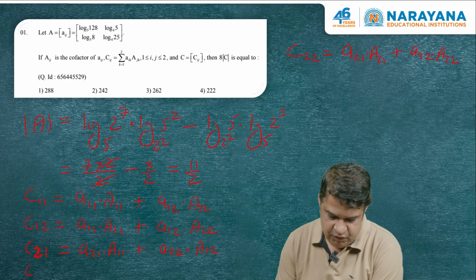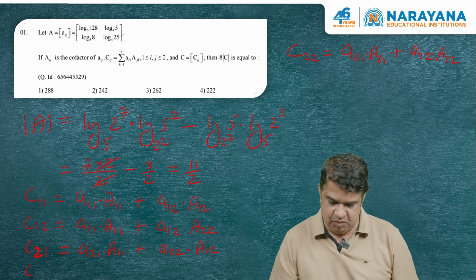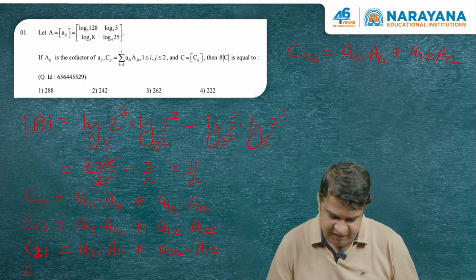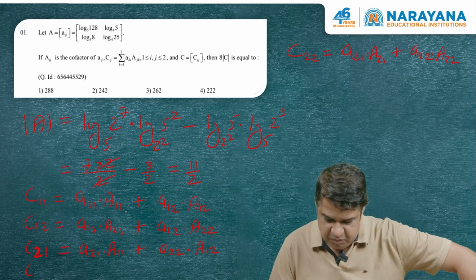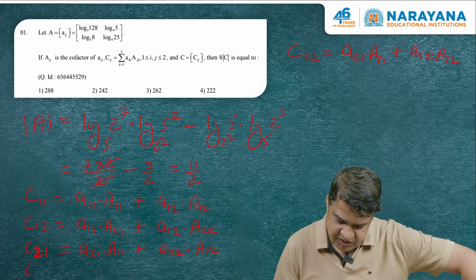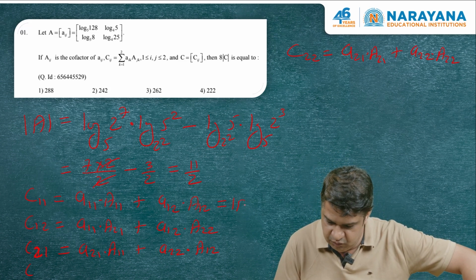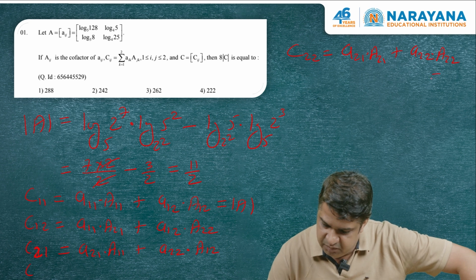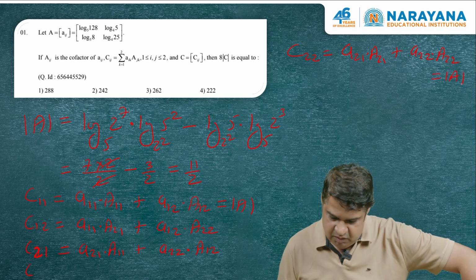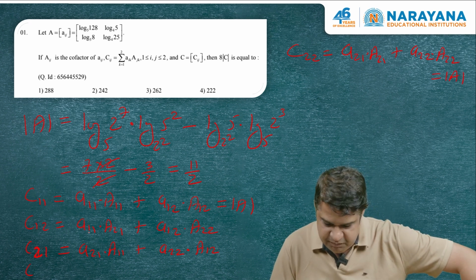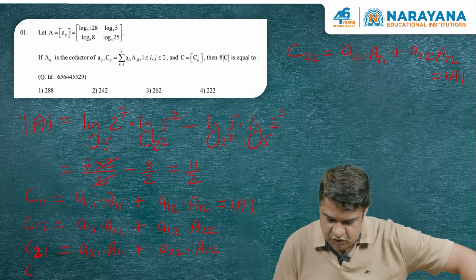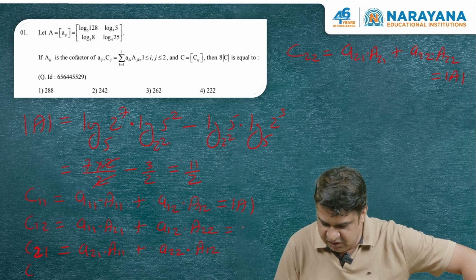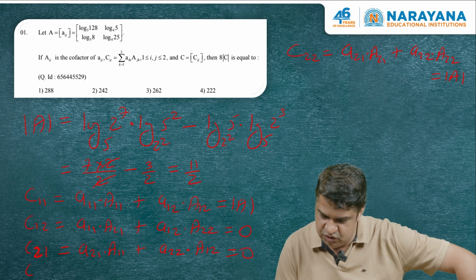As all of you know the properties of determinant, if elements of any row are multiplied by their corresponding cofactors and added, then the value is always equal to the determinant of A. But when elements of any row are multiplied with cofactors of another row, their summation is always equal to 0.